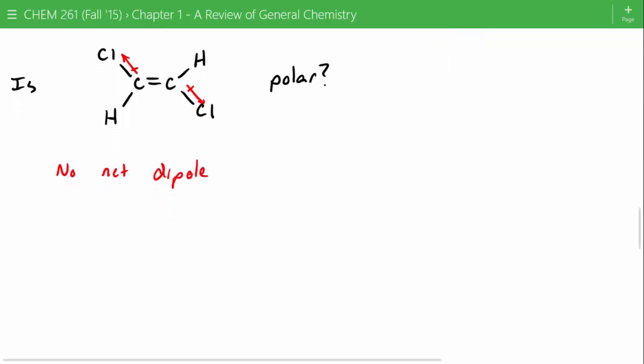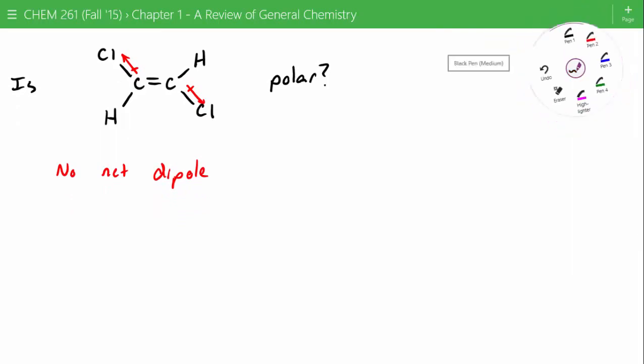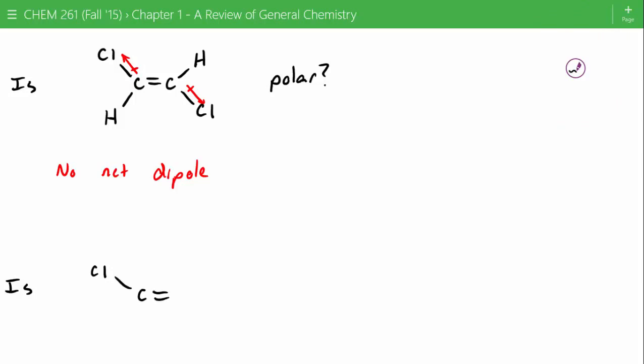But let's take another example that looks super similar, where we've got two chlorines on the same side rather than on opposite sides. Is this compound going to be polar?